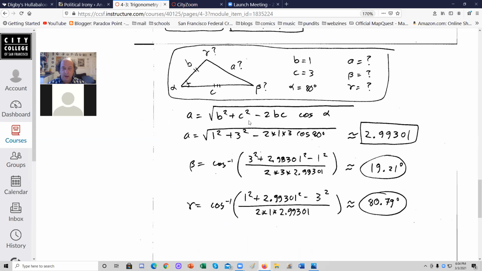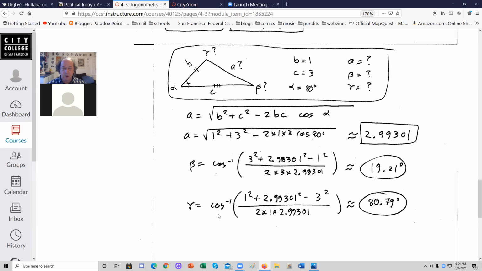So beta is arc cosine of A squared plus C squared, 3 squared plus 2.99301 squared minus B squared, that's 1 squared, over 2 times 3 times 2.99301. Push the button, about 19.21 degrees.